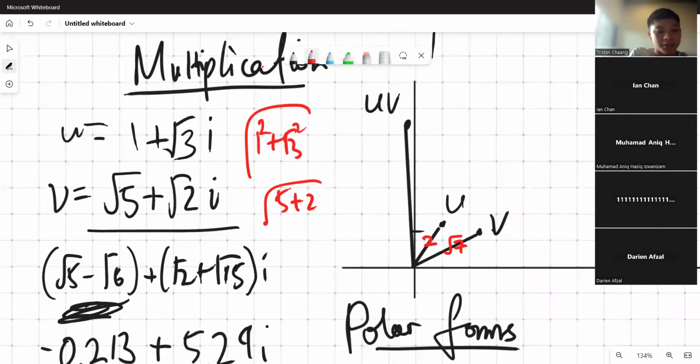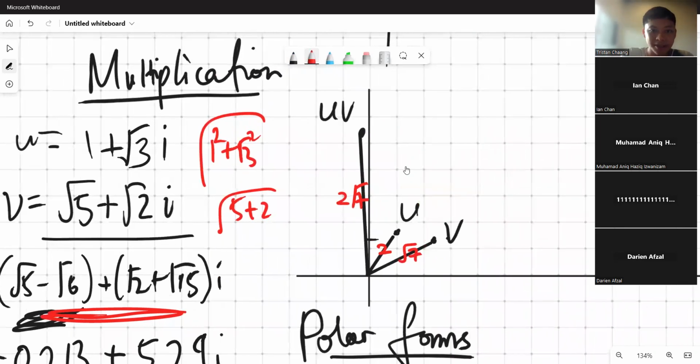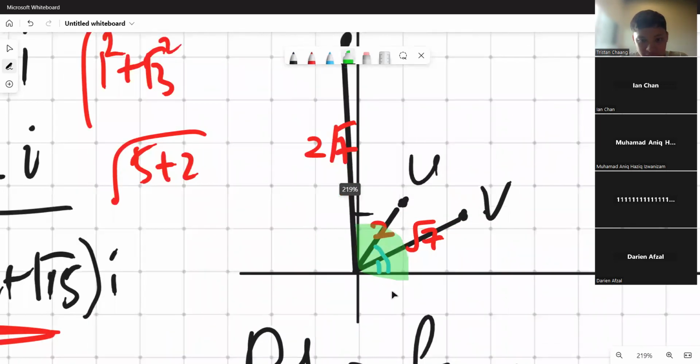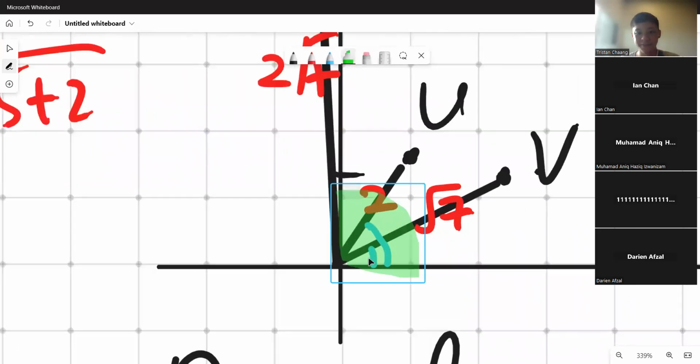And if you calculate the magnitude of this, it is indeed 2 square root 7. And if you look at the angles, this new green angle is just the sum of the two blue angles. And that's very, very interesting.